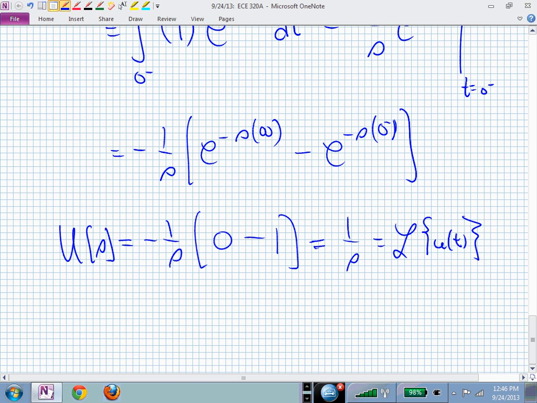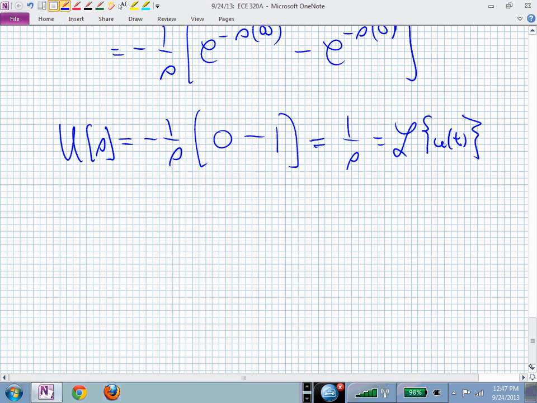Meaning, if we had these two domains, here's the time domain, and here's the frequency domain. If I'm up here, then I'm using 1 over s. If I'm down here in the time domain, I'm using the unit step, 1. Is that clear? You can analyze this circuit in the time domain, or maybe it's easier to work in the frequency domain. If you have a unit step, in the frequency domain you're going to replace it with 1 over s.